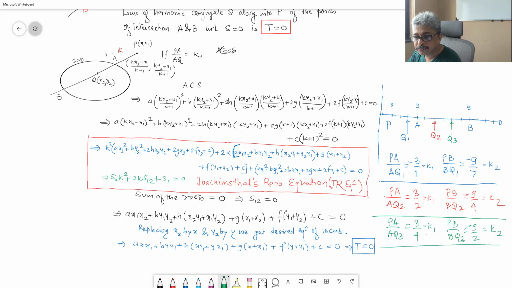Can we? I think we should be able to find it on this number line. Can somebody tell me what is the position of Q4 where K1 becomes numerically equal to K2 but opposite in sign? Can somebody calculate and tell me?